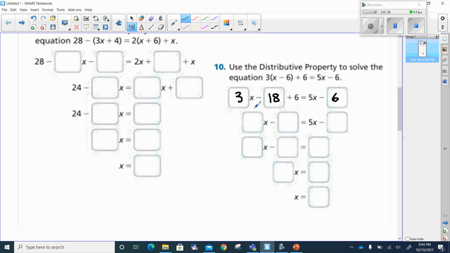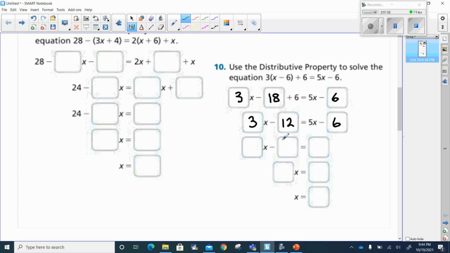Now we see we've got 3x over here still, because we're going to have to take -18 and add it to 6. We noted we didn't combine x's yet because 5x is still over here. -18 plus 6 will be -12.